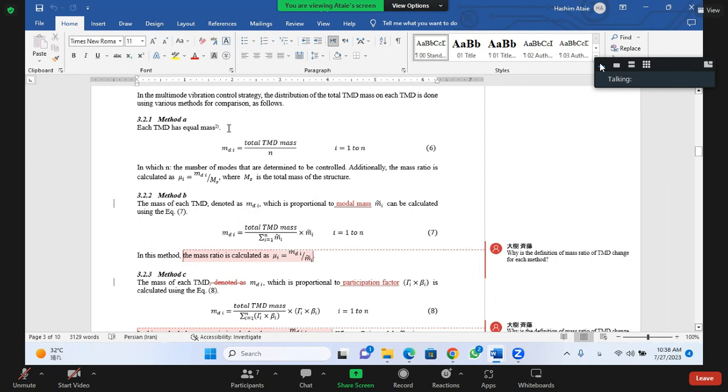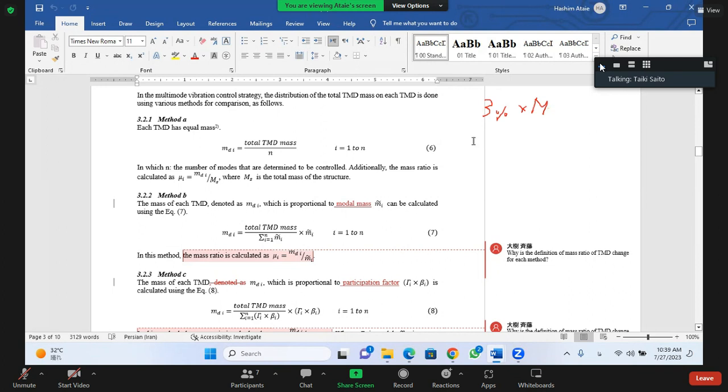So, for example, you take a total 3% of the total mass, multiplied by the total mass of the building.